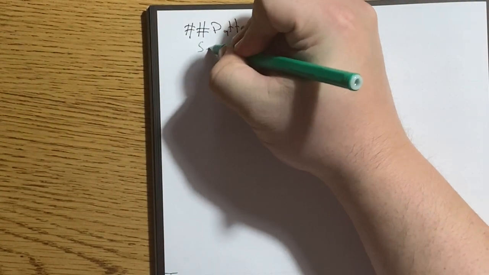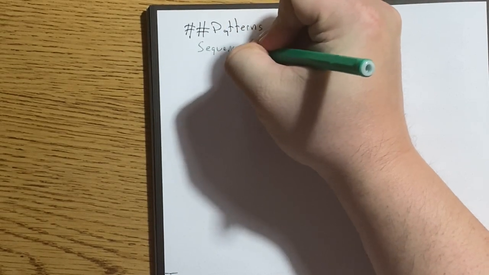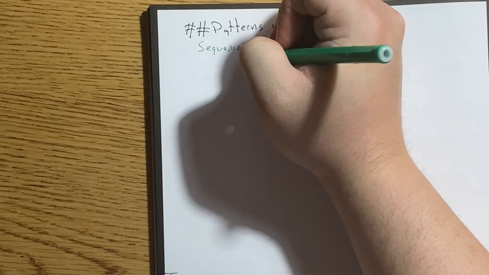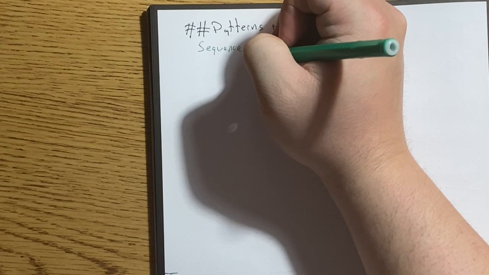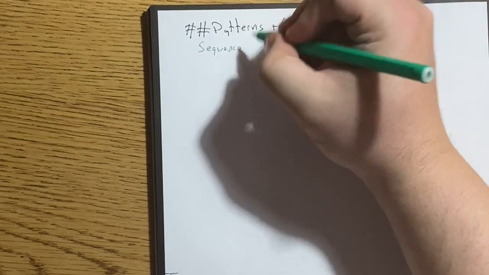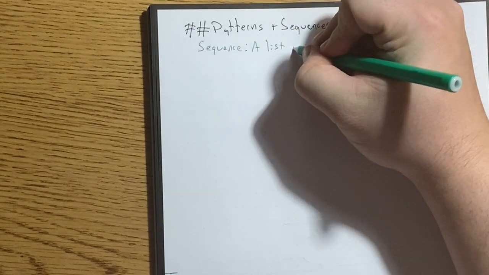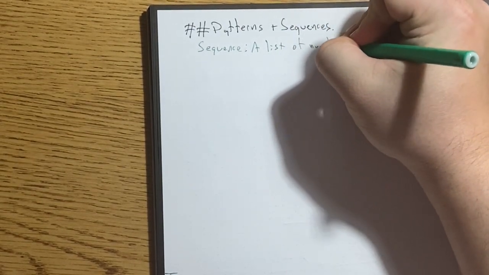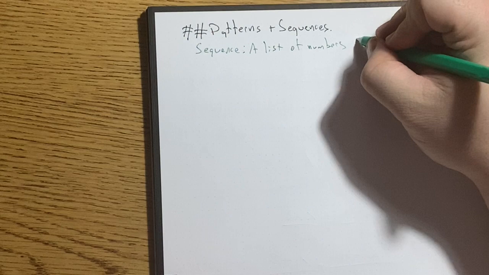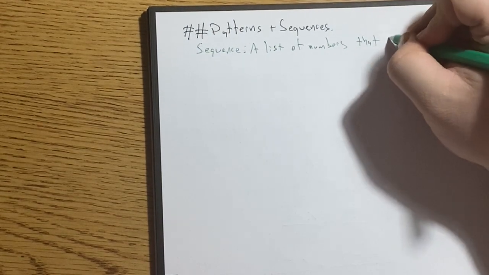This whole section is about patterns and sequences, a list of numbers going up. For the most part we're only going to be talking about sequences, a list of numbers that follow a logical pattern.